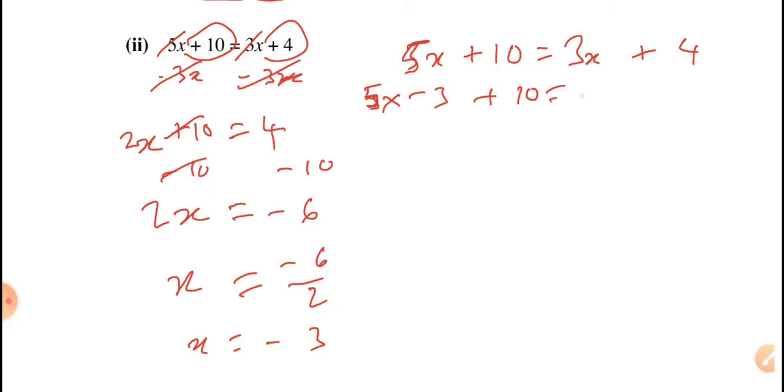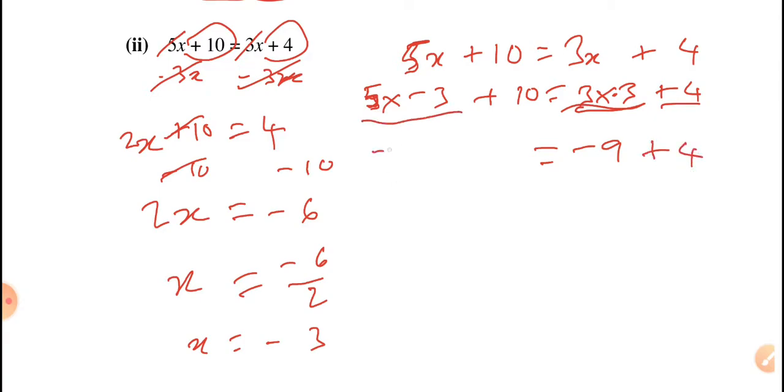And then on the right hand side we do 3 times minus 3 add 4. So 3 times minus 3 is minus 9, then add 4. On the right hand side, 5 times minus 3 is minus 15, add 10.